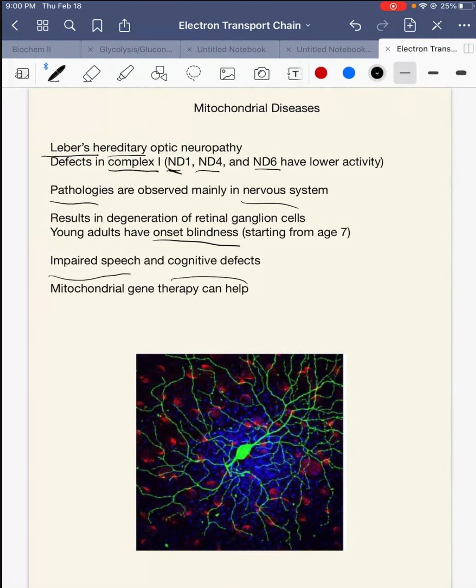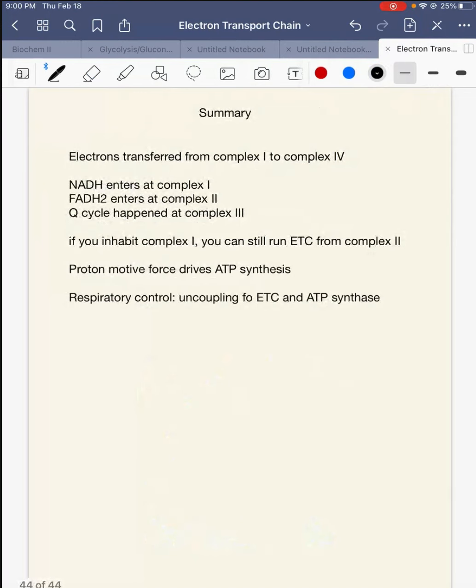Okay, so in summary, we transferred electrons from complex 1 to complex 4. NADH entered at complex 1. FADH2 enters at complex 2. We did the Q cycle in complex 3, and then the electrons were given to cytochrome C, and then cytochrome C gave them to oxygen in complex 4.